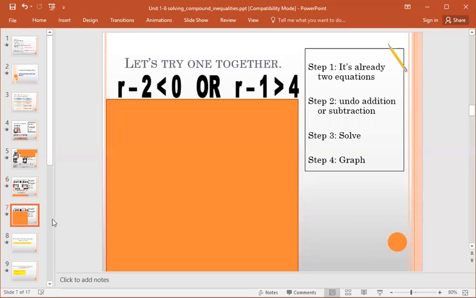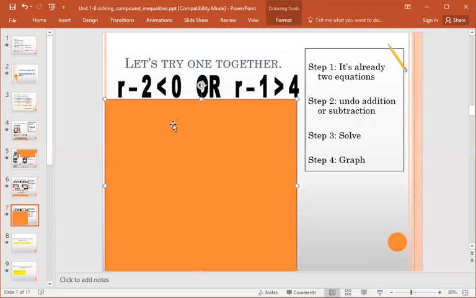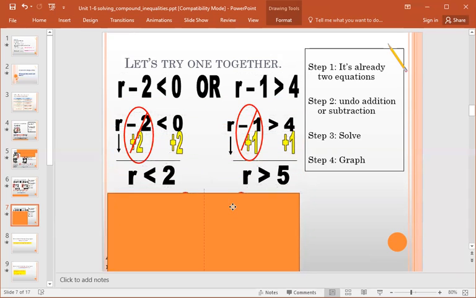All right, one more. Once again, we have an "or," so we're going to keep them separate. We know we need to get rid of this 2, so we'll add 2, and we need to get rid of that 1, we will add 1. And when I do that, I have r is less than 2, and r is greater than 5.